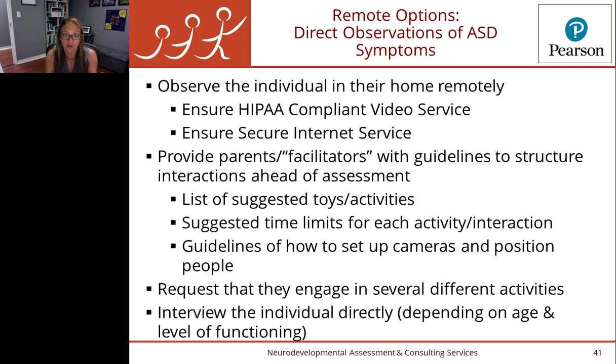If I saw you in front of me and I'm looking at your eyes, it probably doesn't look like I'm looking at you via Skype. So eye contact, that is very challenging to see. But if I see that individual engaging with someone else and I just observe, it's so much easier to determine, is that naturalistic eye contact or not, integrated with their speech and gestures, etc.